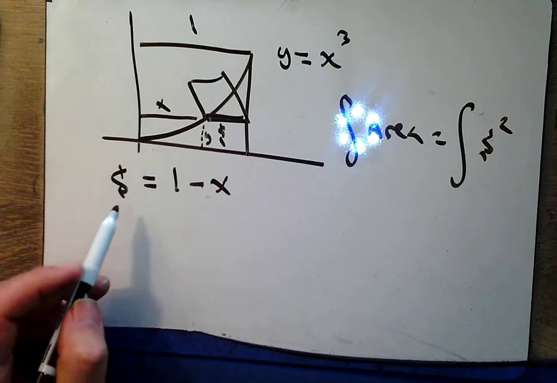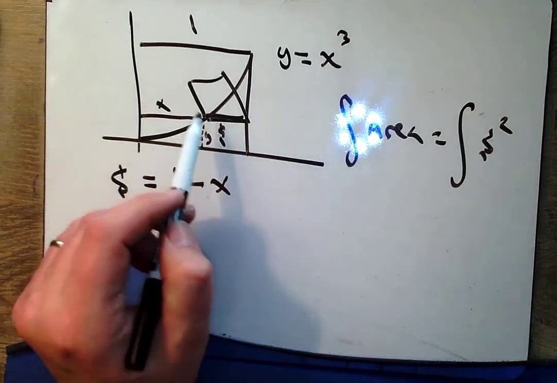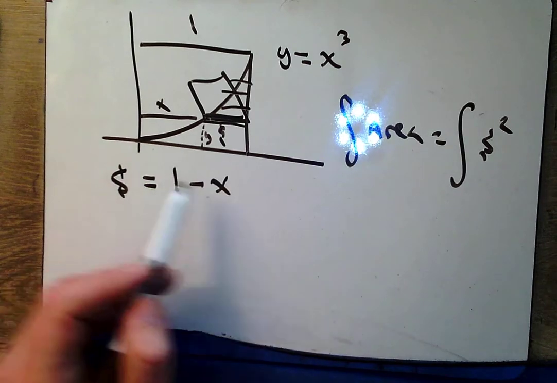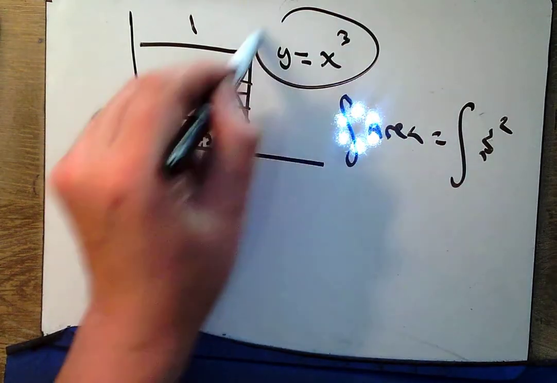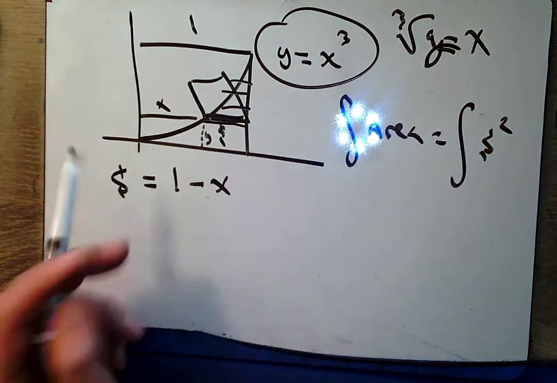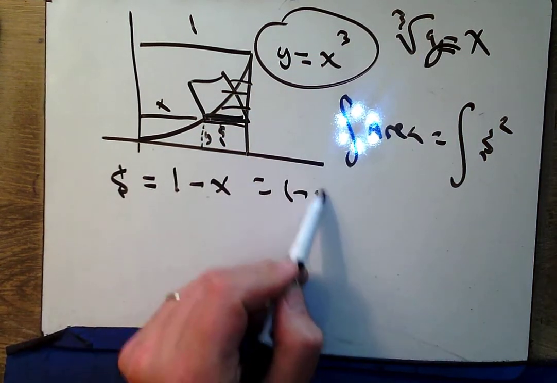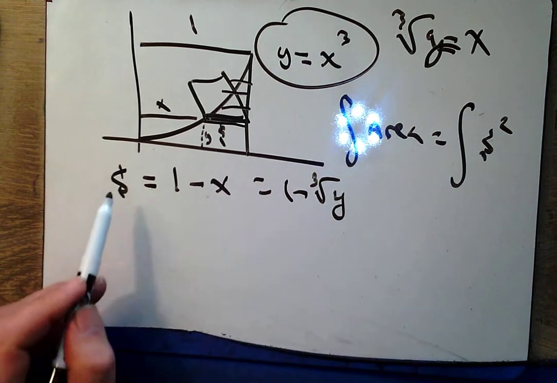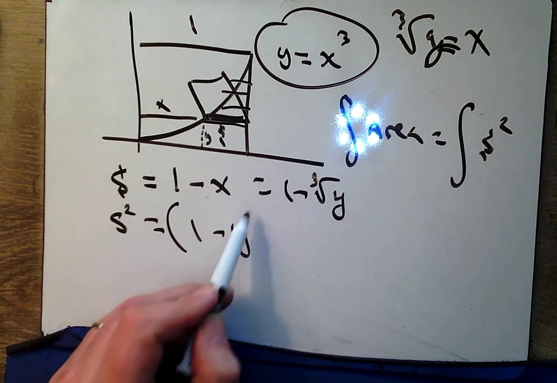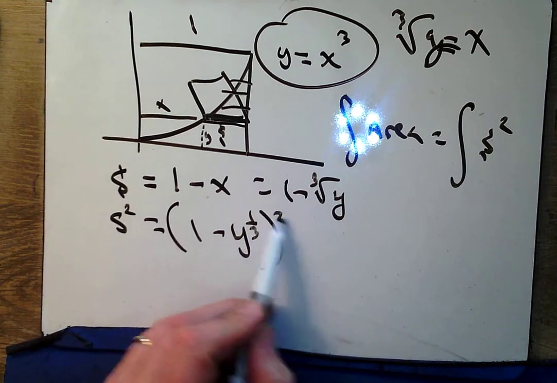Okay. Except that this is dy. So I know that x equals cube root of y. So 1 minus cube root of y. But we don't want s, we want s squared. 1 minus y to the 1/3 squared.